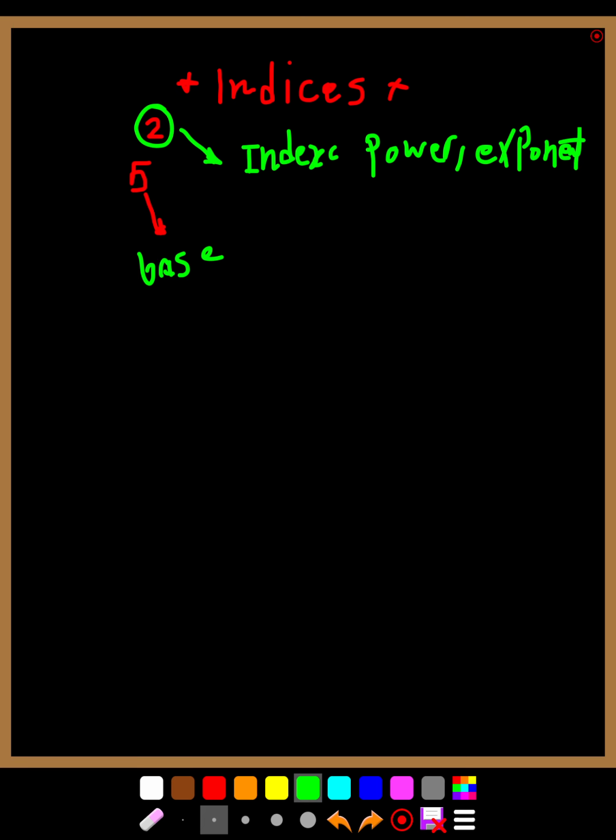If you are going to have a definition for the index, it says here: an index of a number shows how many times a number is multiplied by itself. A root of a number is the inverse of the power.